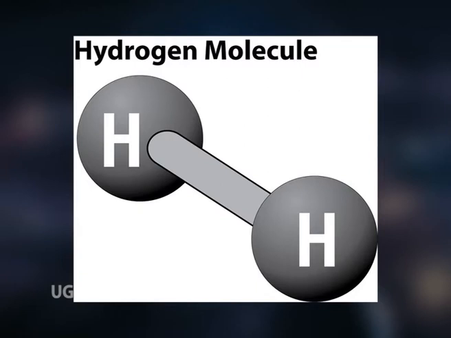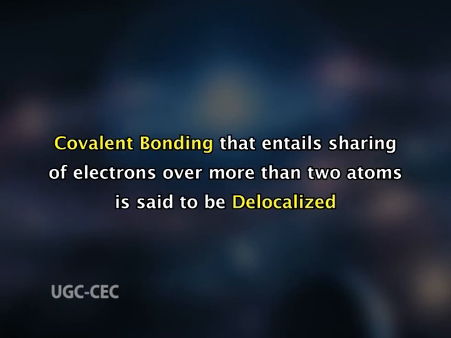In the molecule H2, the hydrogen atoms share the two electrons via covalent bonding. Covalent bonding does not necessarily require that the two atoms be of the same elements, only that they be of comparable electronegativity. Covalent bonding that entails sharing of electrons over more than two atoms is said to be delocalized.